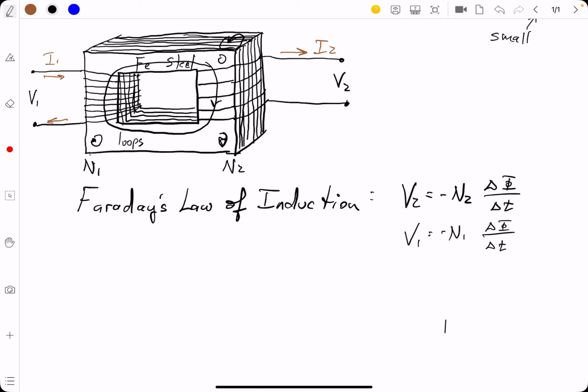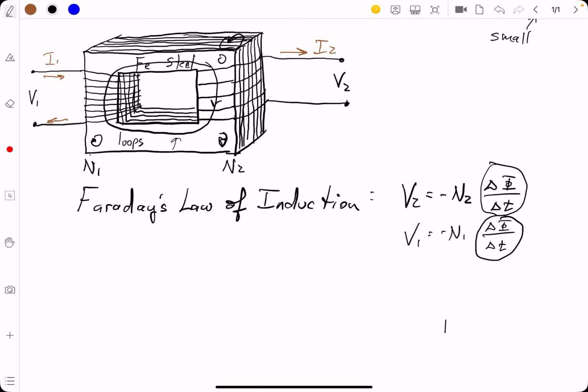The key here is to realize that this current loop that's going around is the same for both sides. So I2 and V2 and I1 and V1 both get this induced current change in flux, okay? So this change in flux is equal to this change in flux.